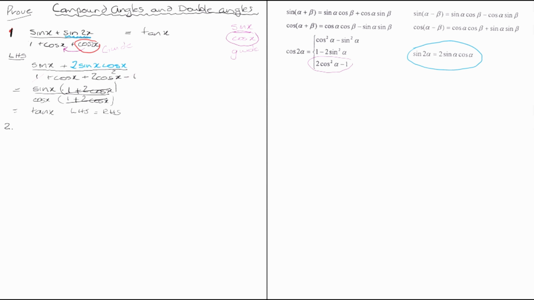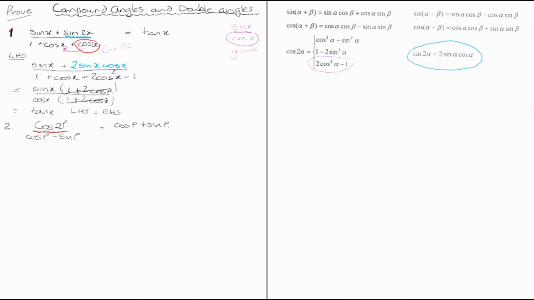Question number 2 is cos 2p on cos p minus sin p, and that has to equal cos p plus sin p. Right, again I have that double angle of cos.